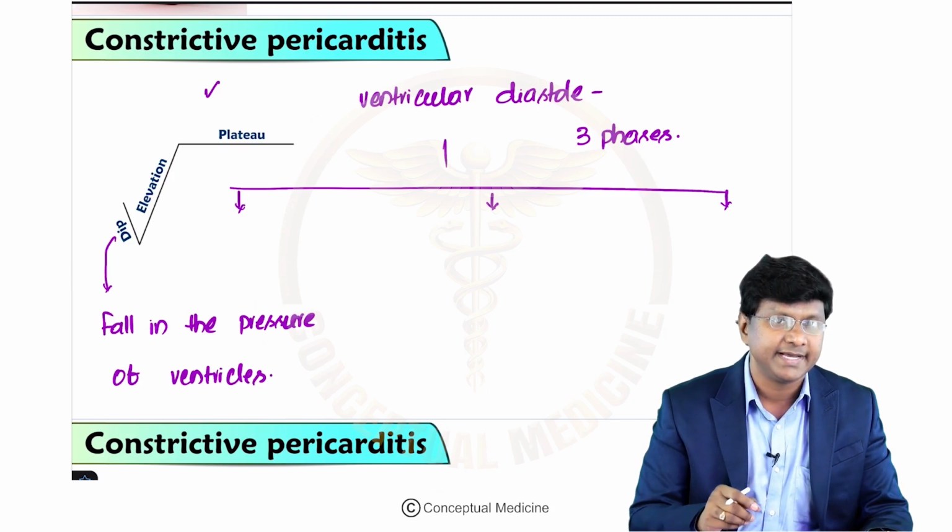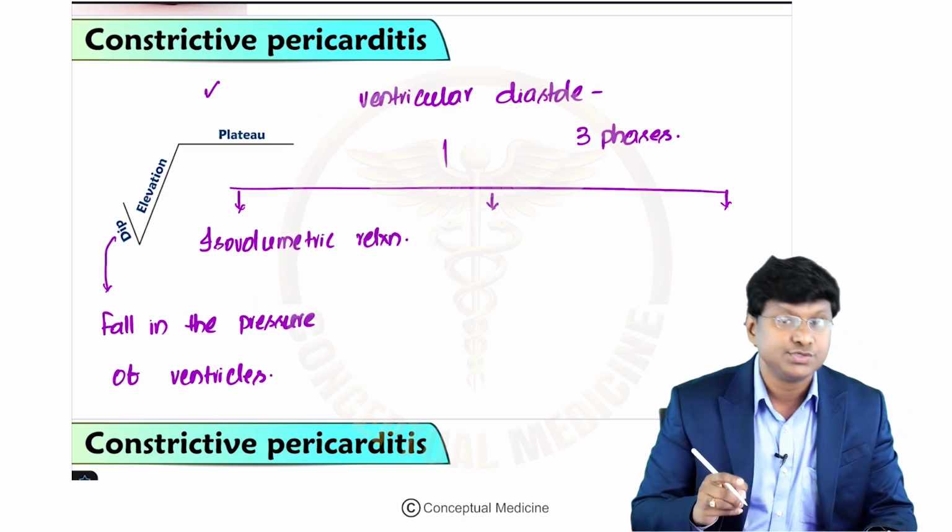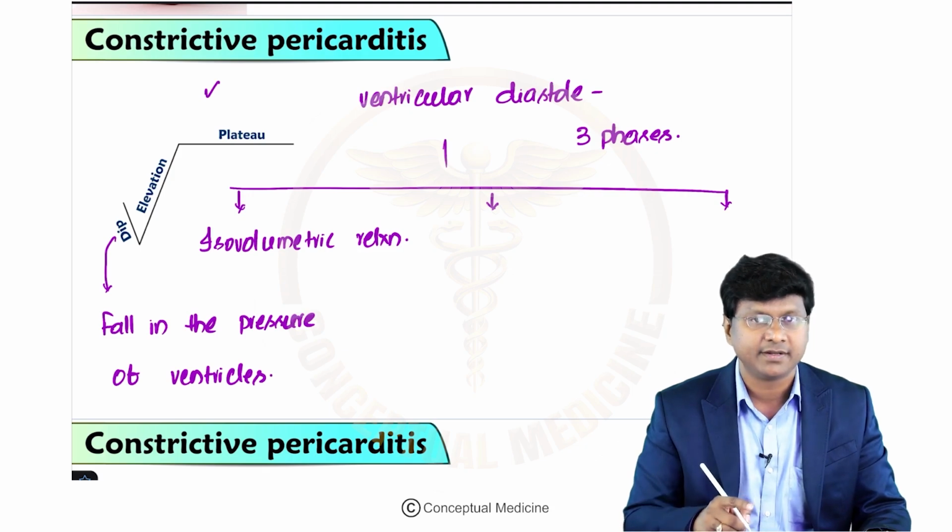So the early dip in diastolic pressure is due to isovolumetric relaxation of the ventricle.